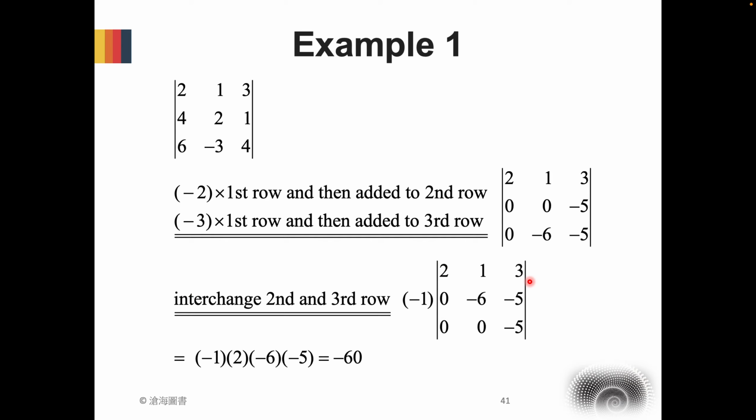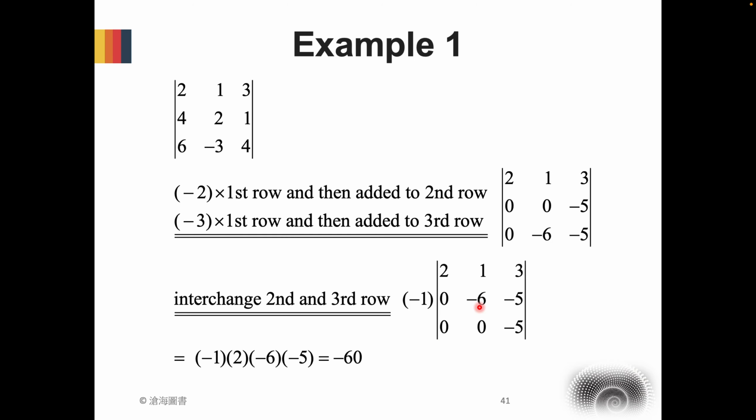Originally this 3x3 matrix, if we do a type 3 row operation, the determinant is still the same, right? And then if we interchange the second row and the third row, we make it into a triangular matrix.